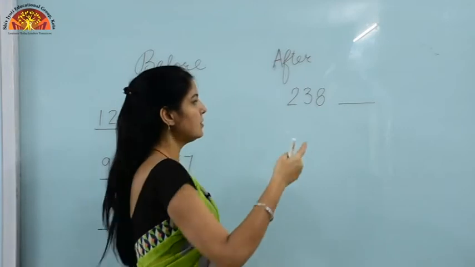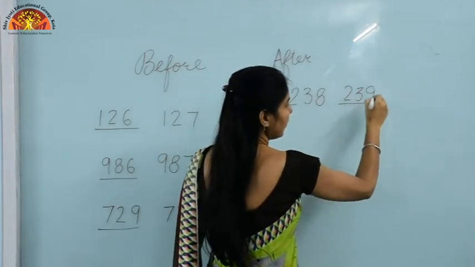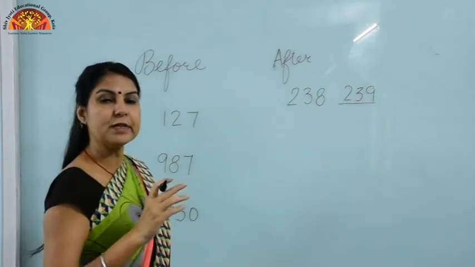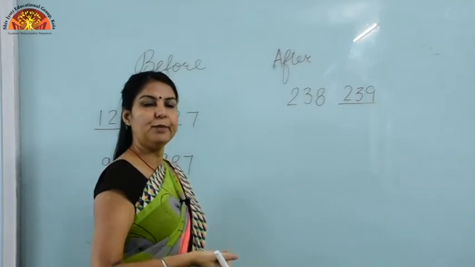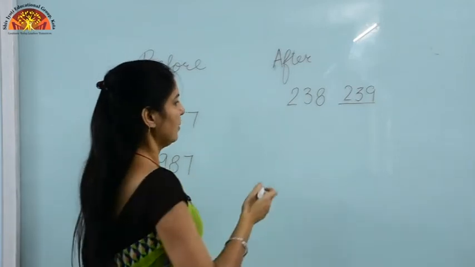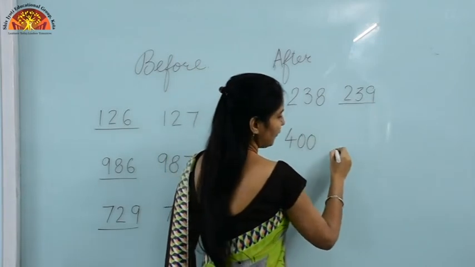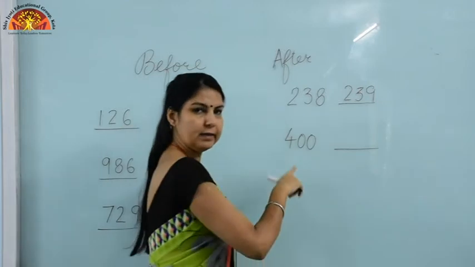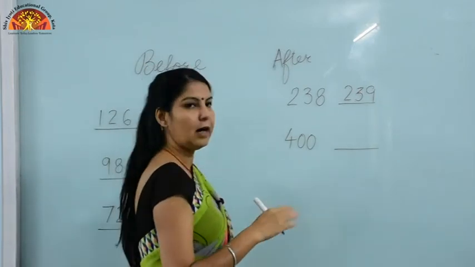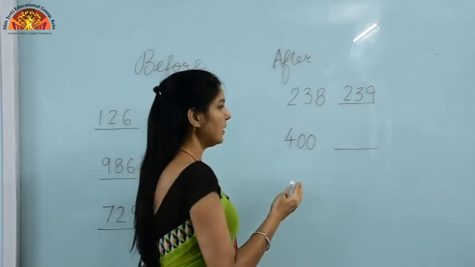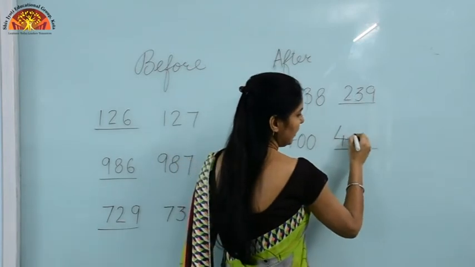One more than it is 239. Or in another way you can say the number which comes just after the given number will be the after number. Here 400, what will come after 400? You can add 1 to this number, or you can see what is coming just after it. That will be 401.